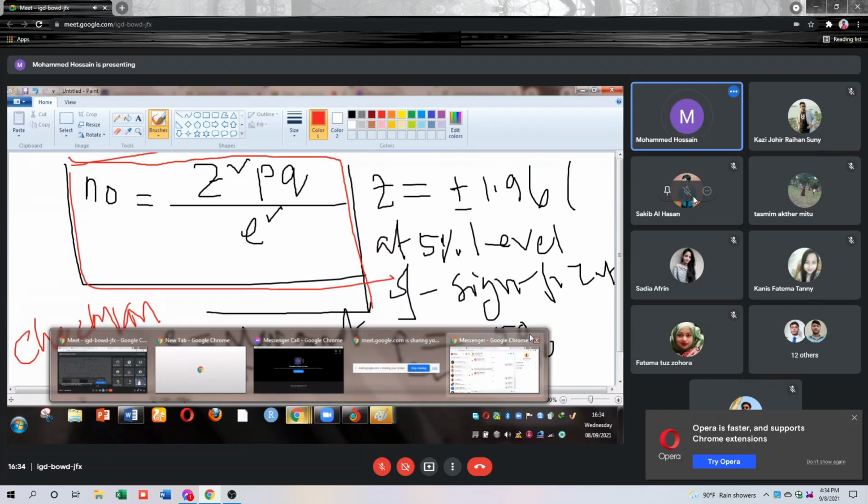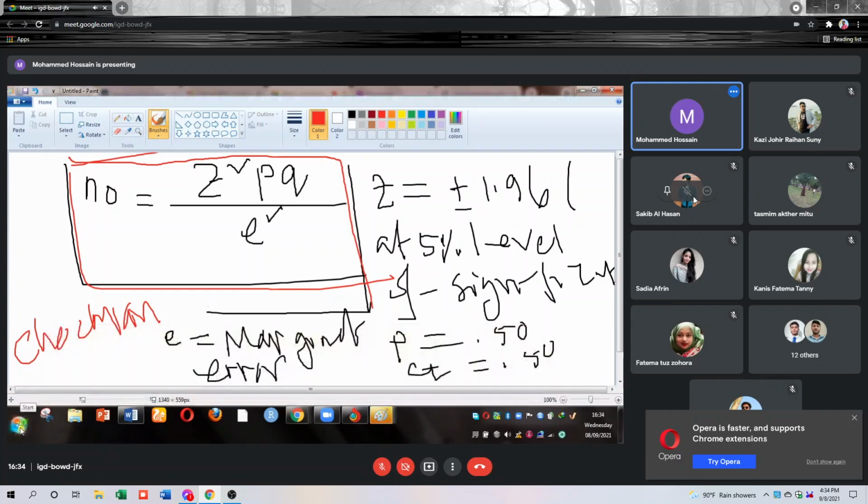The next one. So anything else we discussed? Sir, you have also discussed up to stratified random sampling. So anyone who can summarize stratified random sampling?